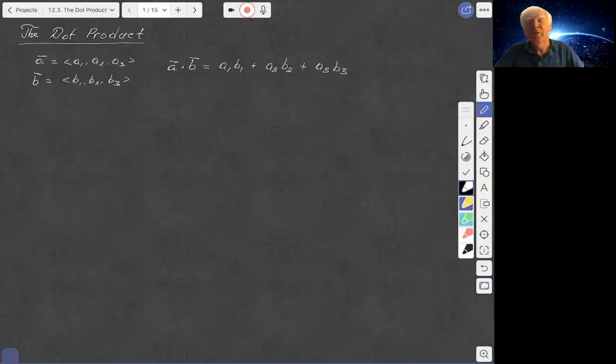I'm writing this for the three-dimensional case. The idea of introducing the dot product in the two-dimensional case is similar. Let's consider an example.